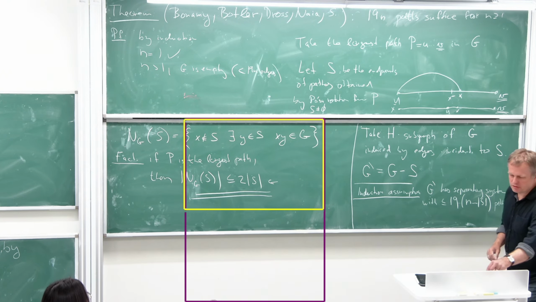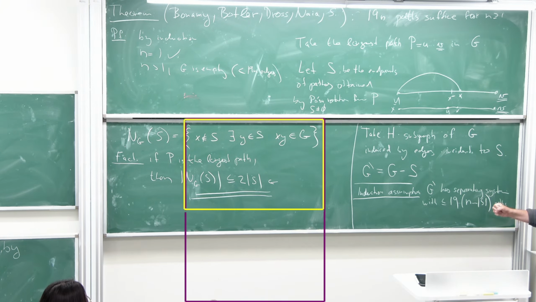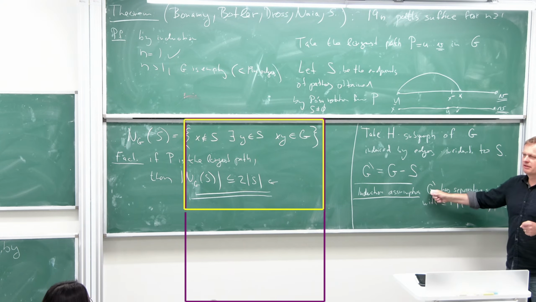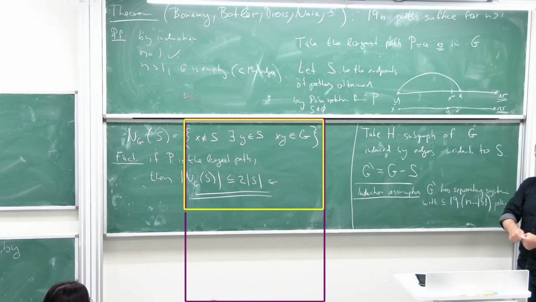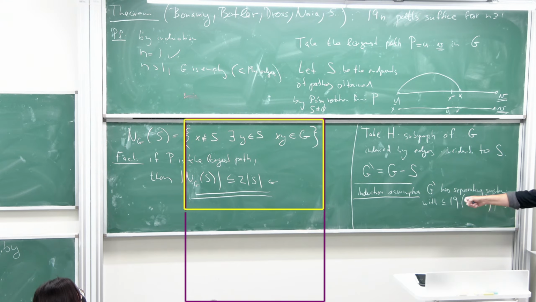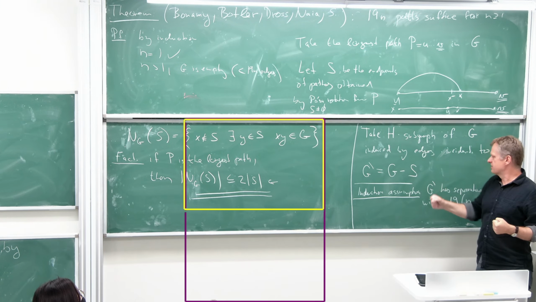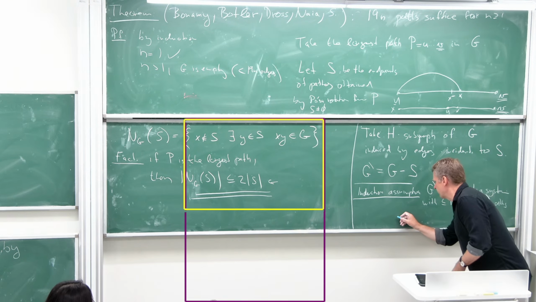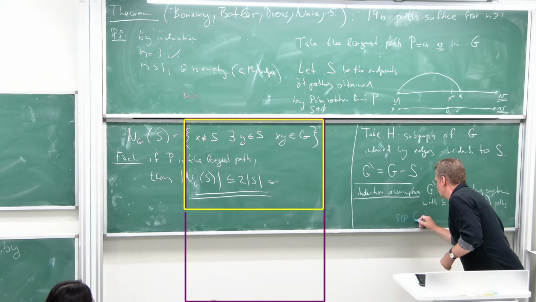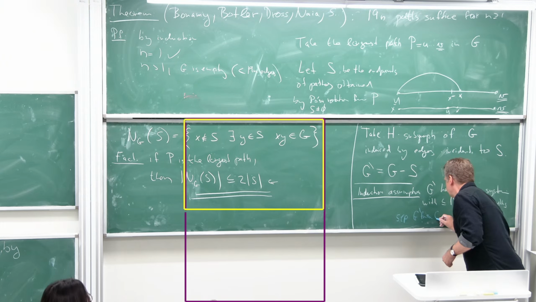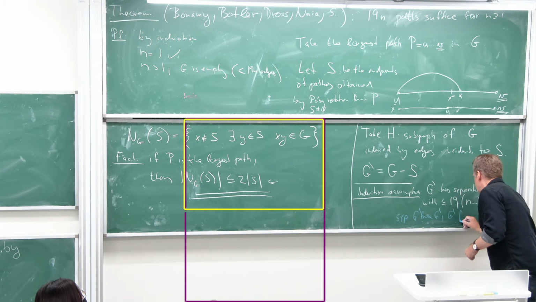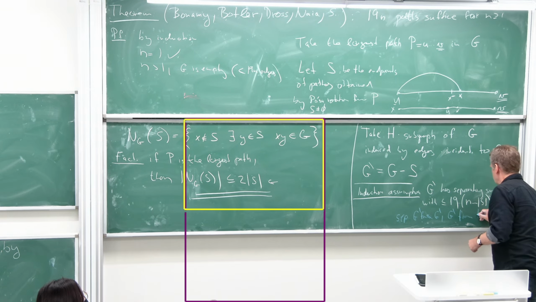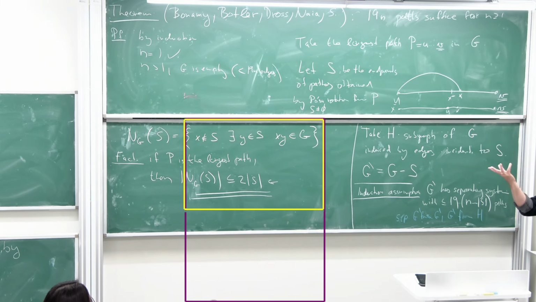Now it's important to realize what this system separates. This system separates edges of G prime from edges in G prime, so we can separate one edge from another one. It will also separate edges of G prime from edges in H, because I will not reuse these edges at all, ever. So I have a separation of G prime from G prime and G prime from H. Right, so we always have to do it both ways.